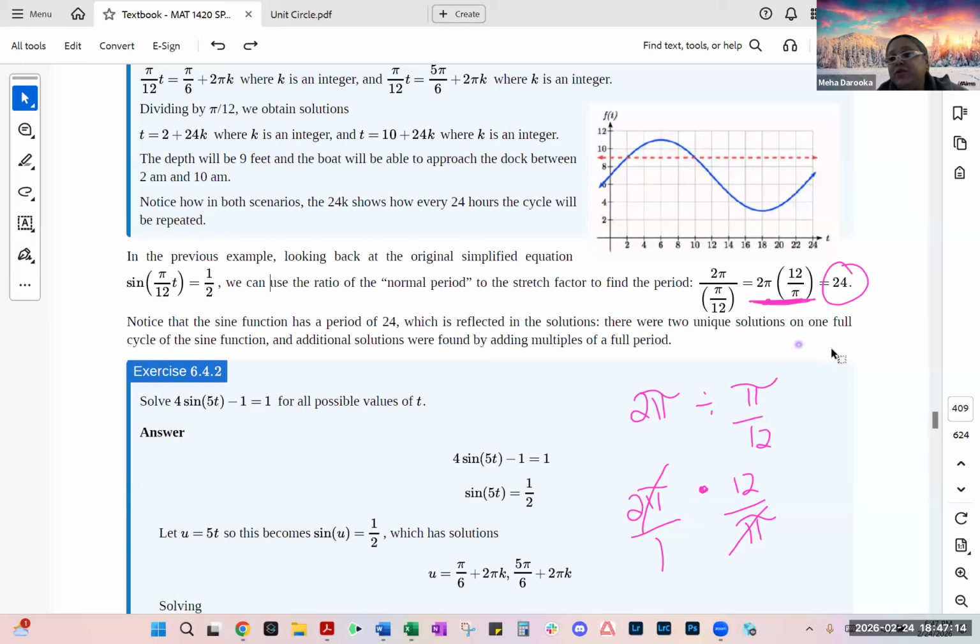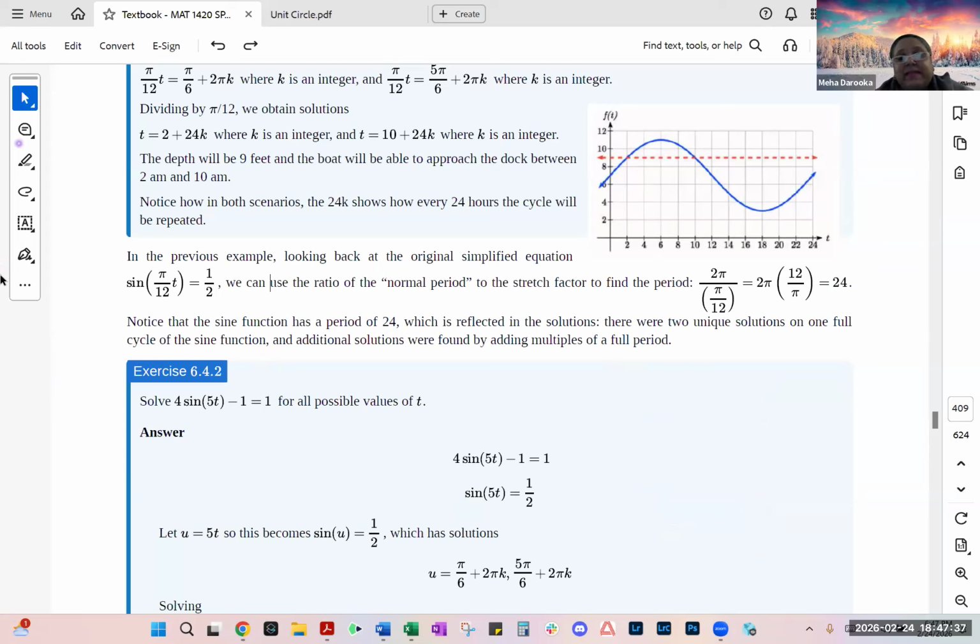So they are saying you have two unique solutions on one full cycle of the sine function and additional solutions when you do the multiples of 24k to get the different days, different values for t, but it would just be based on whatever that k value is going to be.